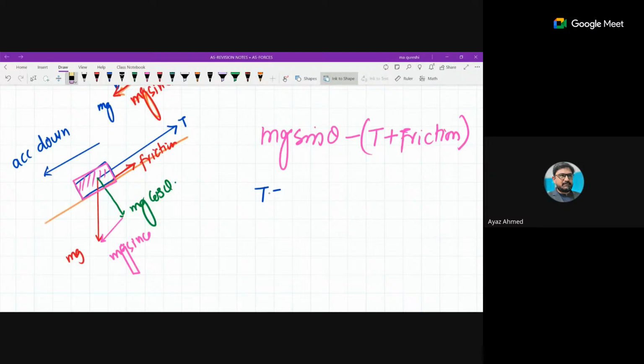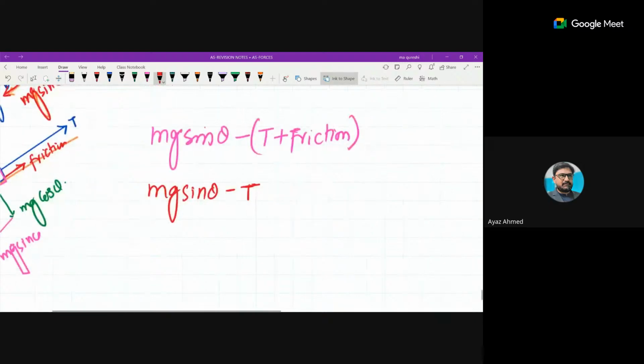So you can make this equation: mg sine theta minus T minus friction, all equal to 0, right?